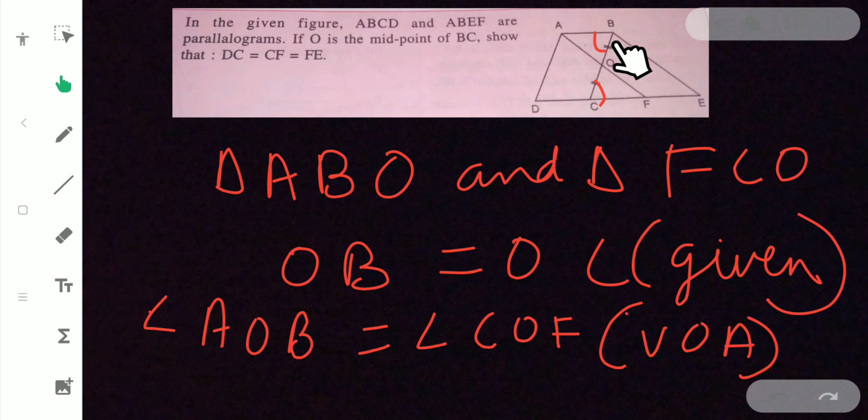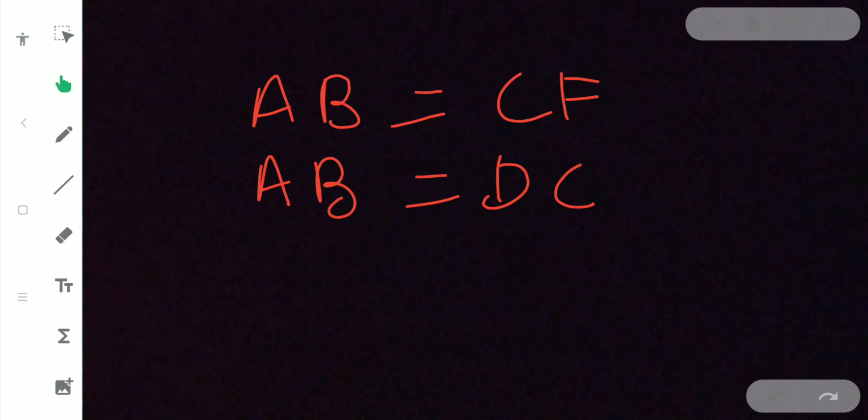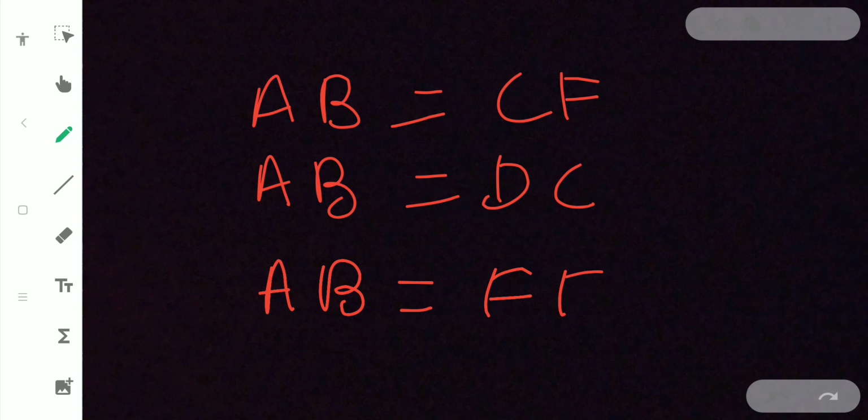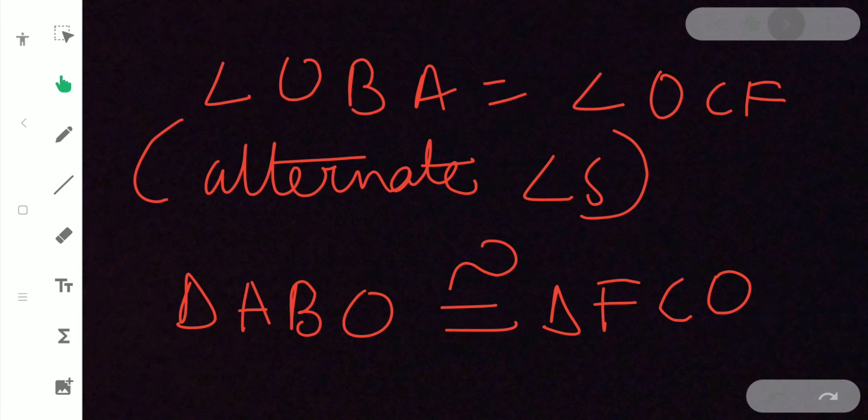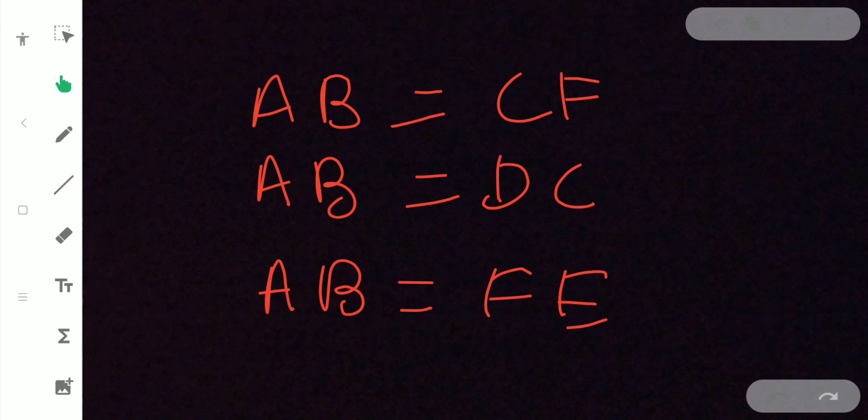The best reason you can write here is ABEF is a parallelogram, it is given here, and AB will be equal to FE and AB will be also parallel to FE. So that parallel we are not using here.